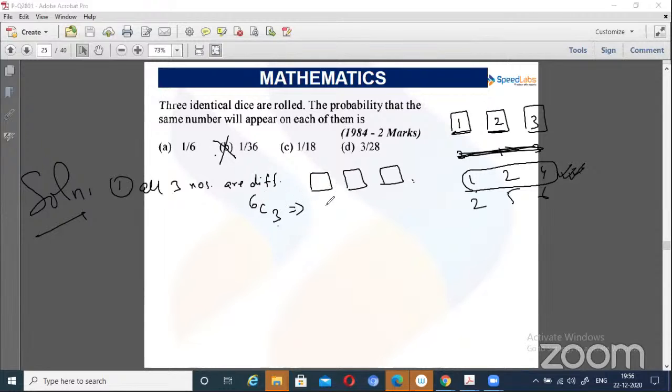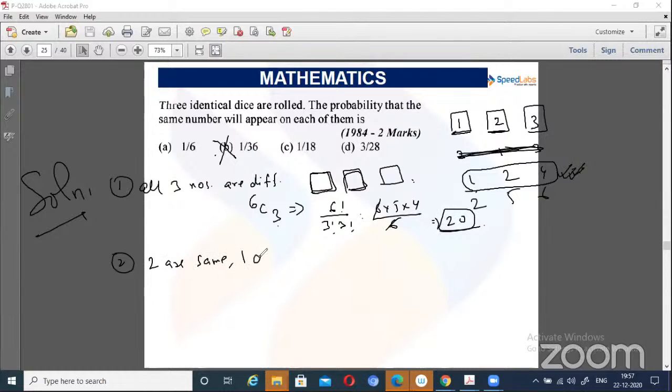There's no need to rearrange them because the dice are identical. So 6C3 is equal to 20.